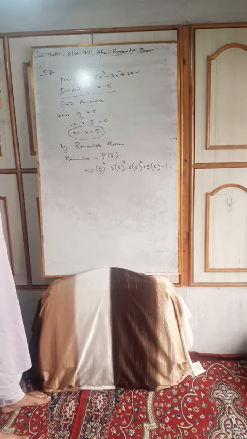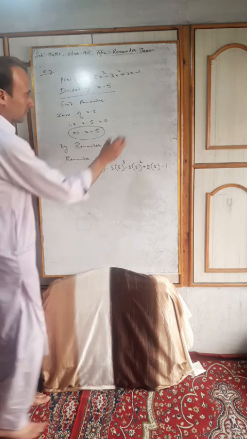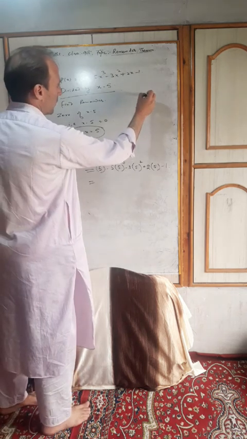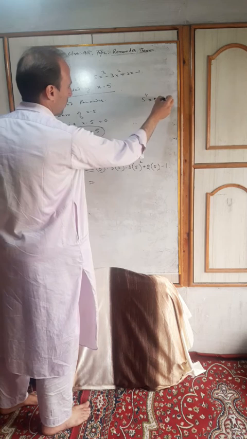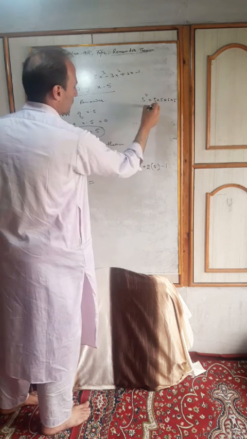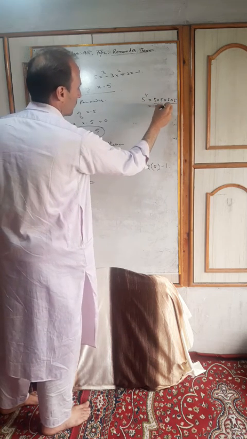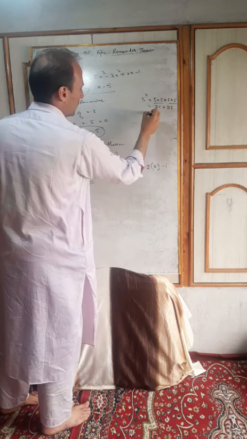5 is to be multiplied 4 times. It means 5 raised to power 4 is equal to 5 into 5 into 5 into 5. 25 into 25.